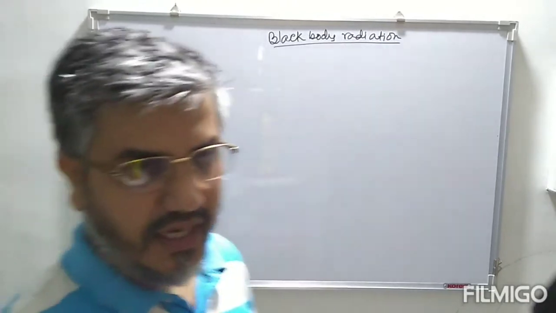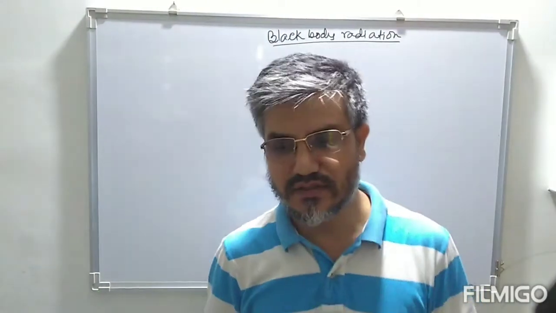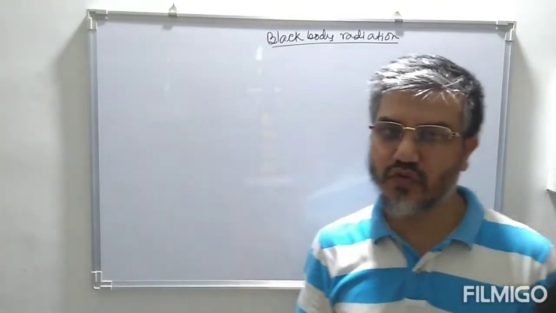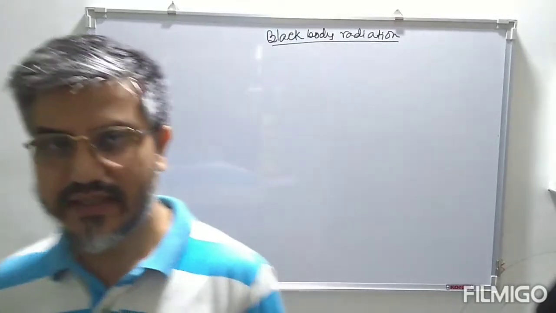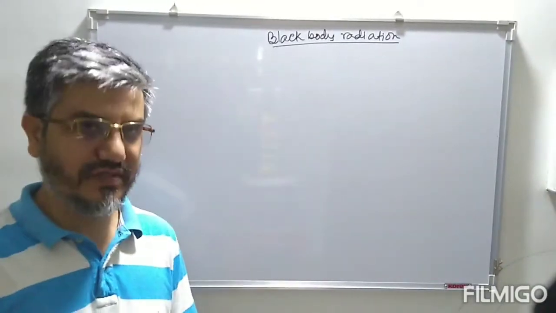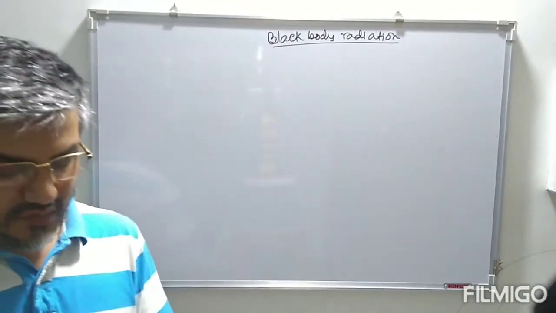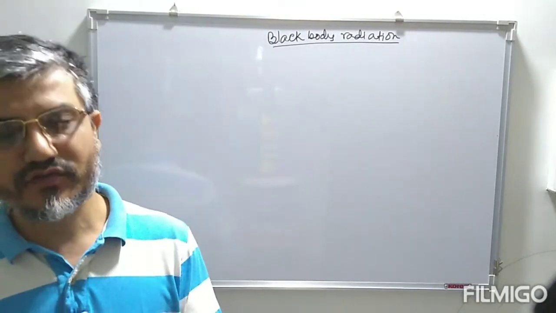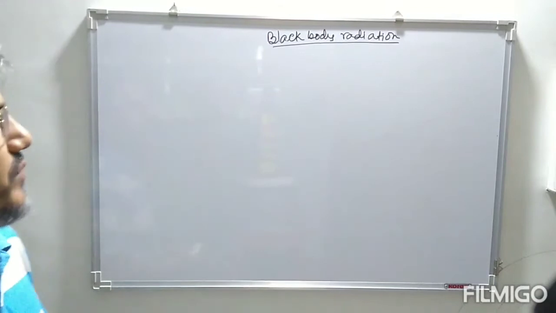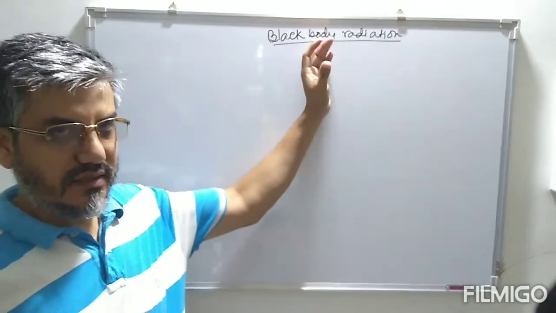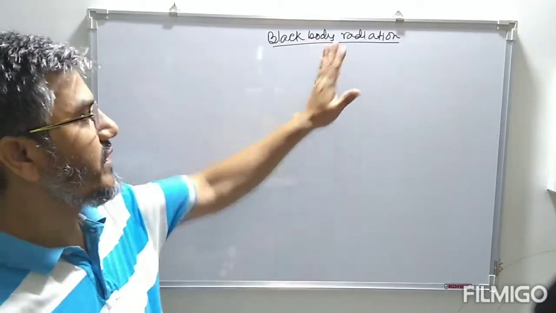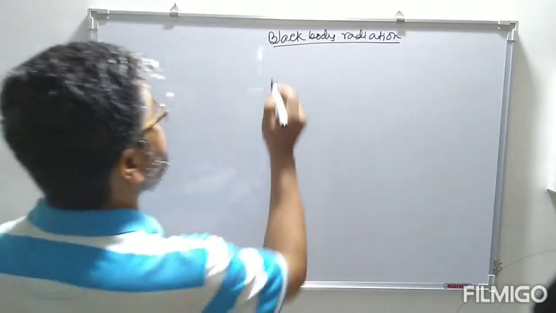A black body is an ideal body which can absorb all the frequencies falling on it and simultaneously can also emit all the frequencies. That ideal body which can absorb and emit all the frequencies is known as a black body, and the radiation emitted by a black body is known as black body radiation.